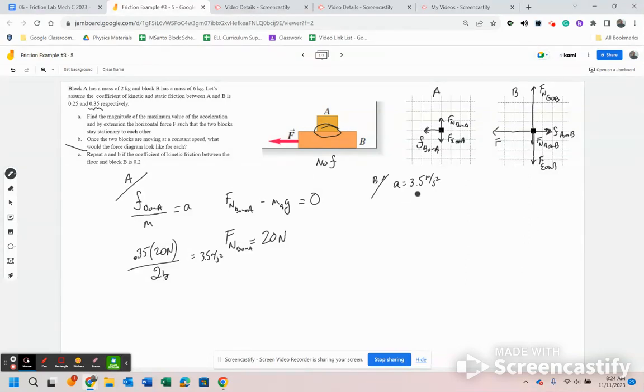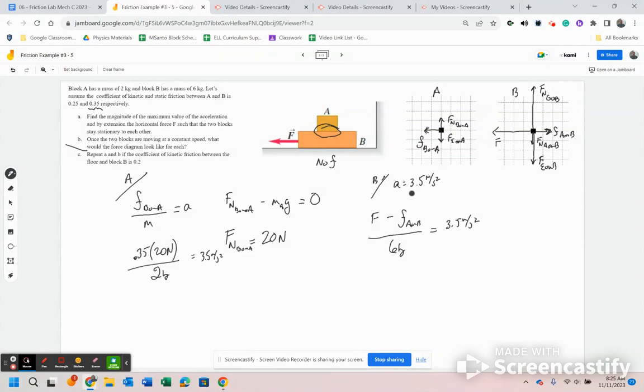That would keep the two blocks together moving as one. So horizontally we have F, that force that we're looking for, minus the friction of A on B, divided by the mass of B, which is 6 kilograms, is equal to the acceleration, which is 3.5 meters per second squared.